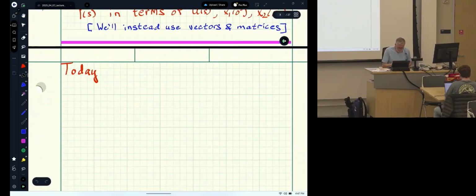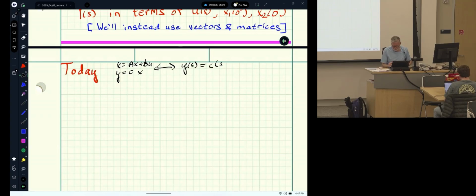Okay, so in addition to getting the Laplace transform of this, okay, whoops, that should be a capital Y of s.